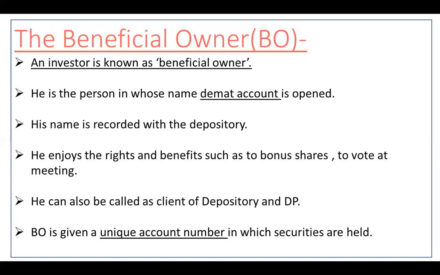On whose name the demat account is opened, he is called the beneficial owner, BO. Whenever we want to open an account, our name is also recorded with the depository with a unique ID number.